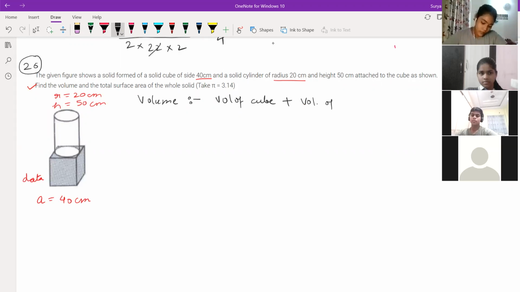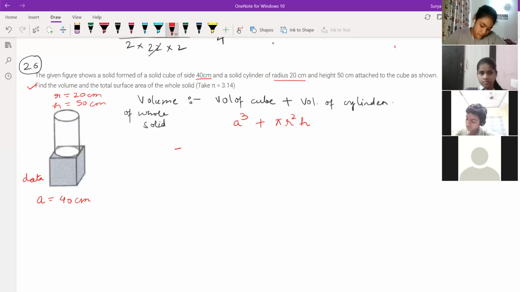Children, all of you find it fast. Volume of whole solid is equal to volume of cube plus volume of cylinder. So a cubed plus pi r squared h. Very good. Now all of you put the values and get the answer.